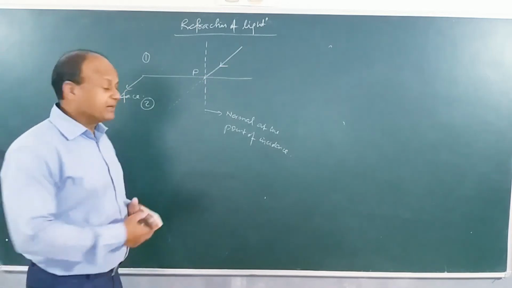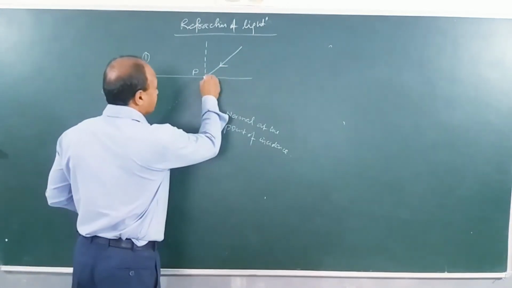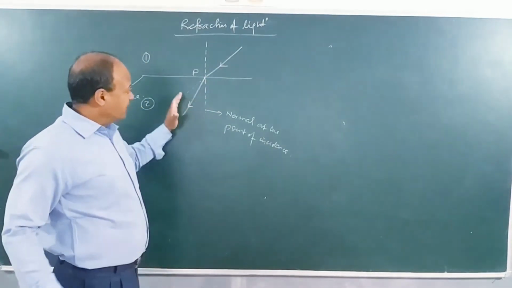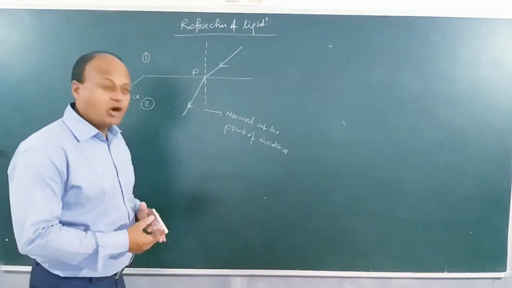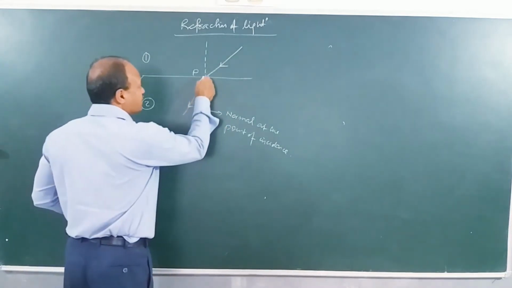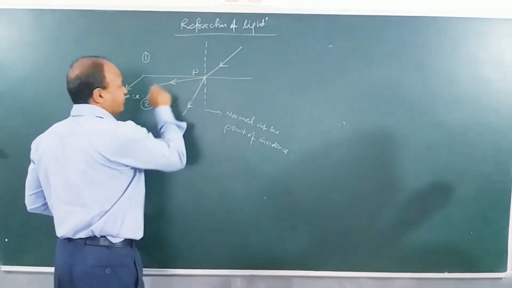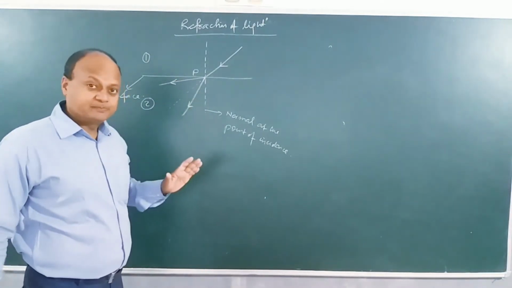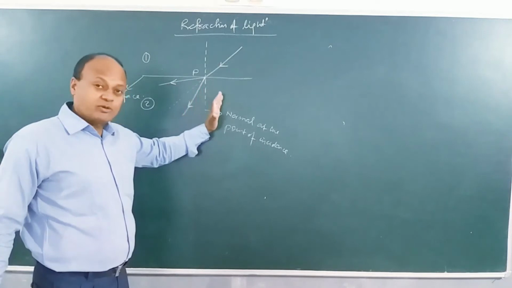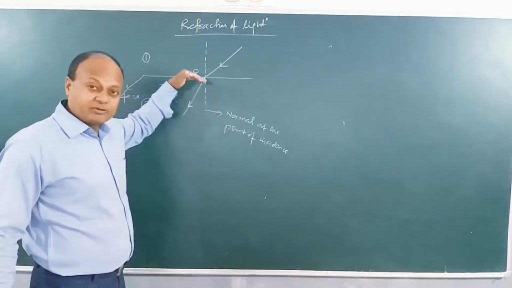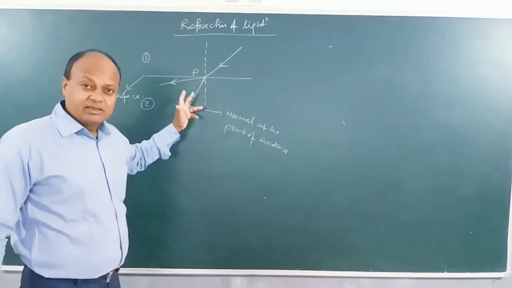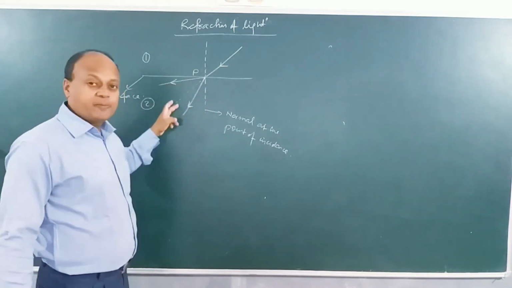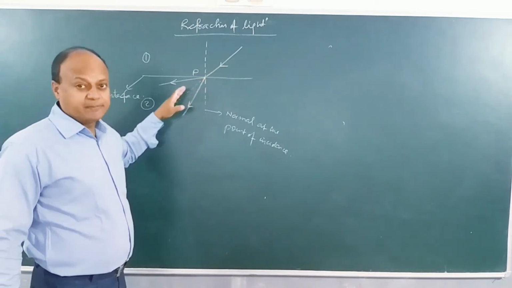Two things may happen. Either it will bend towards the normal, or it will bend away from the normal. One of these will happen. But one thing is certain, as the light will go from medium 1 to medium 2, it will not move along the same path.